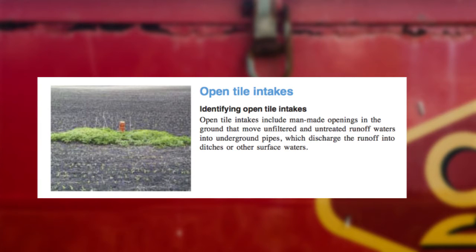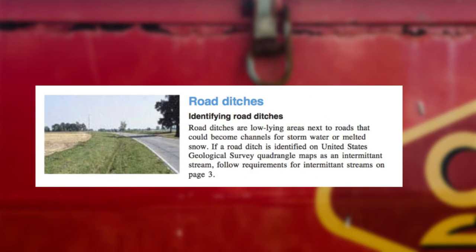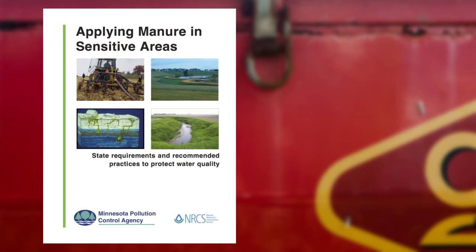These include man-made openings in the ground that move runoff waters into underground pipes, which discharge runoff into ditches or other surface waters. Steeply sloping land. Includes slopes of more than 6%. Road ditches. These are low-lying areas next to roads that could become channels for stormwater or melting snow. Other sensitive areas and the setback requirements are addressed in the guide, Applying Manure in Sensitive Areas.